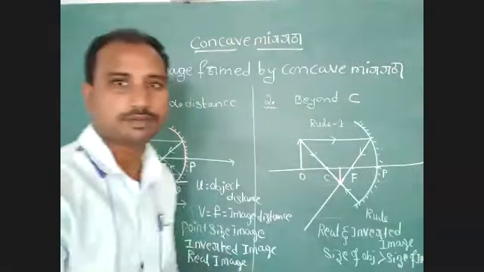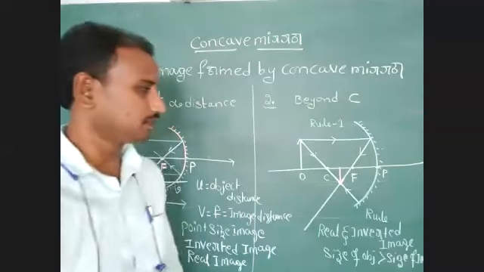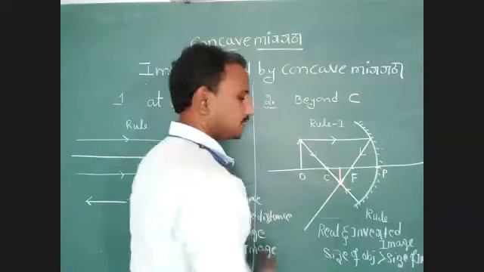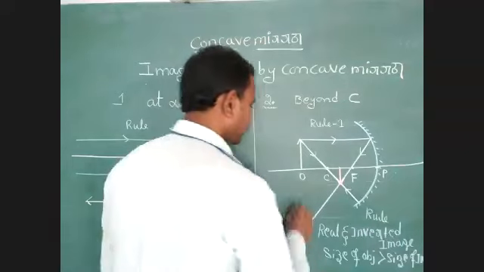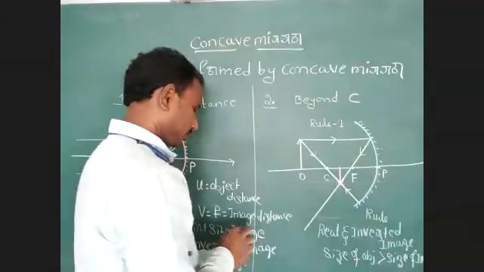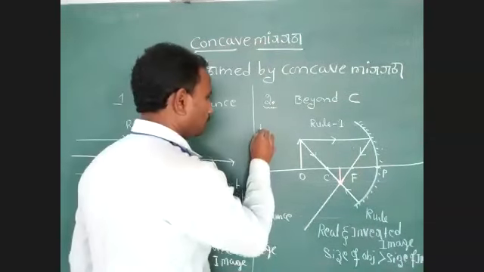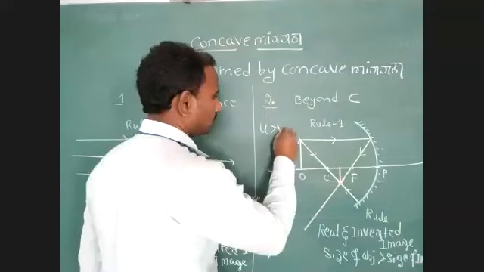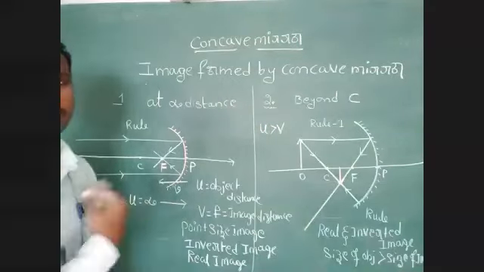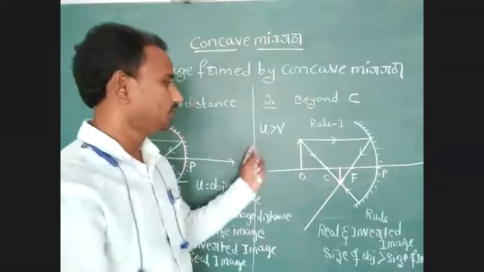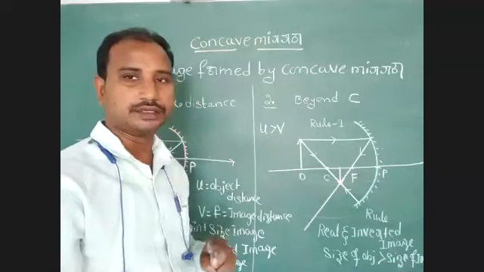Understood? Size of object is more than size of image. Next one, object distance, you have to identify. Object distance U is greater than V. Object distance is more than the image distance.